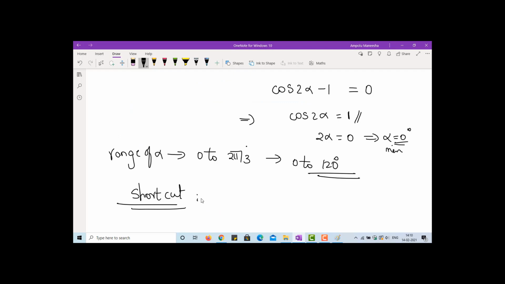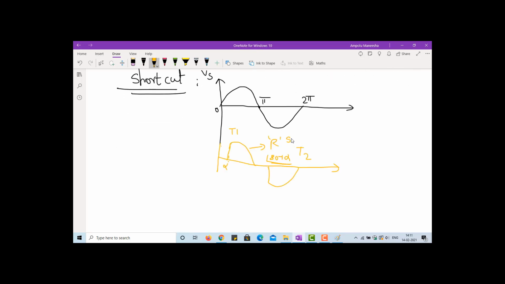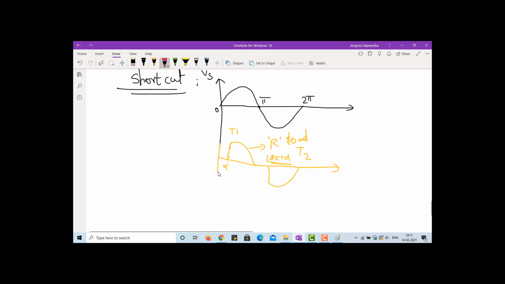Shortcut. Given it is a single phase AC voltage regulator, if the load is resistive, R load. In the question it is given, it is a leading load, right? How much is it leading? 60 degrees. So, the load current will lead by 60 degrees.